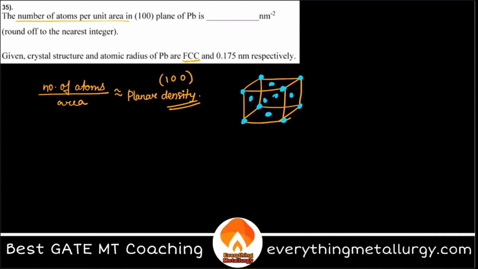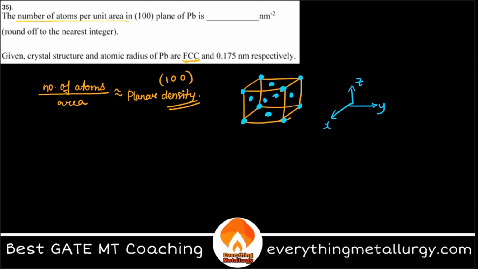Now we want the 100 plane. What is 100? If you are taking X, Y and Z, 100 is the Miller indices. So basically this front plane is your 100 plane.